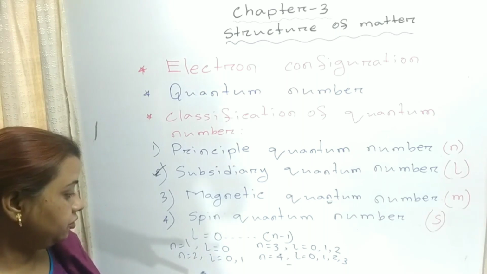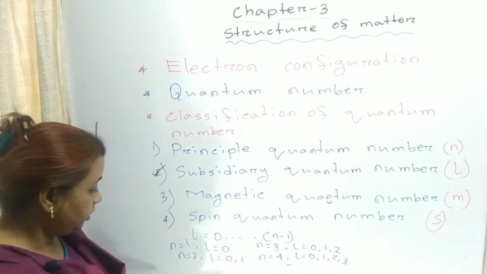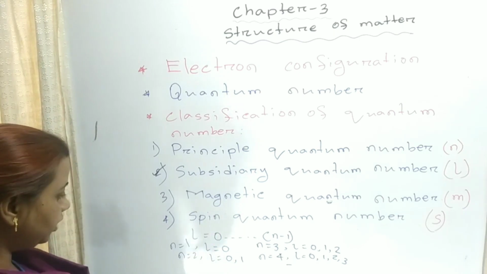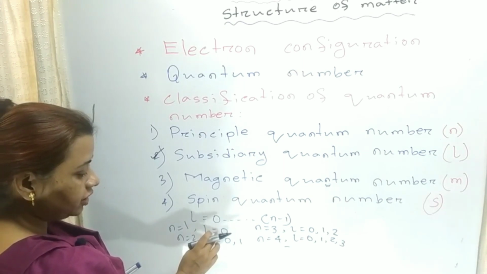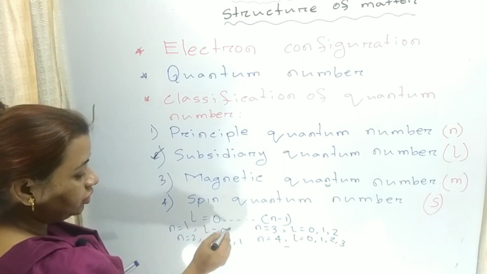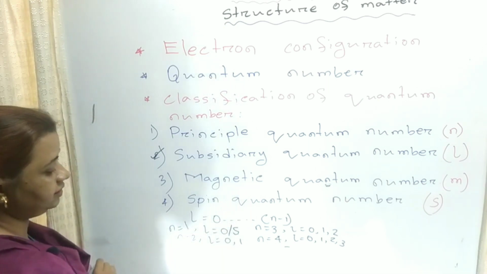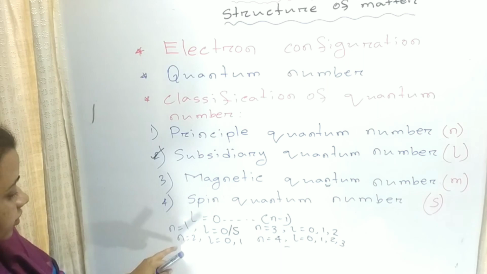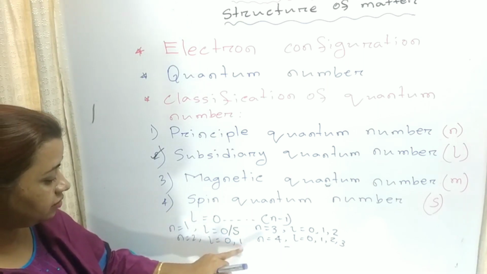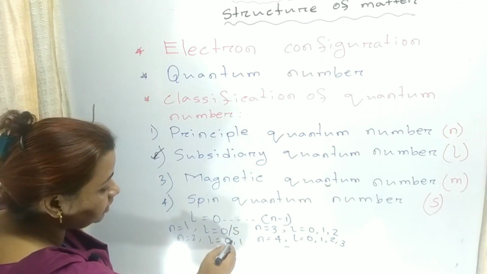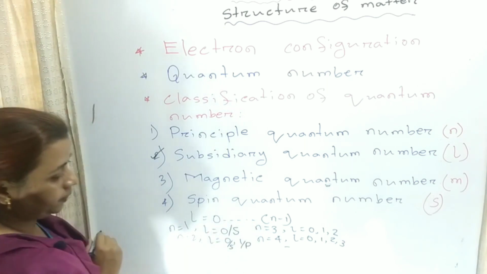For each value of l, we will get a subshell. Whenever n is equal to 1, we get only one value of l, 0. For the value of l equal to 0, we get the subshell, and the name of this subshell is the s subshell. Whenever n is equal to 2, we get 2 values of l. For 0, the subshell is s and for 1 the subshell is p.